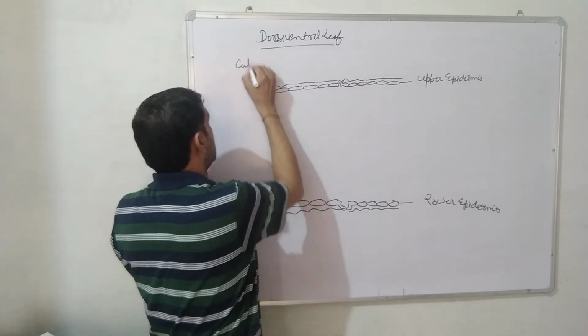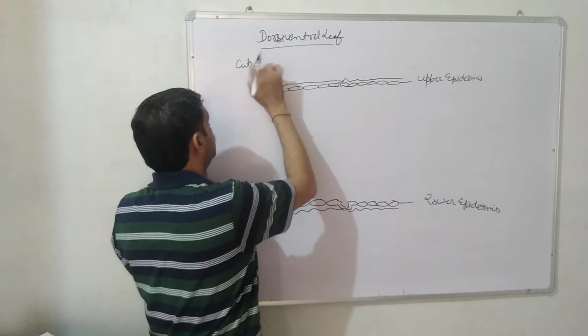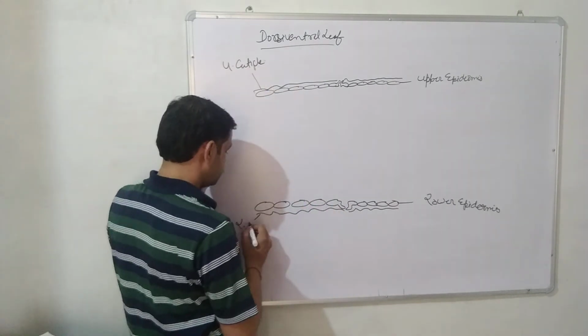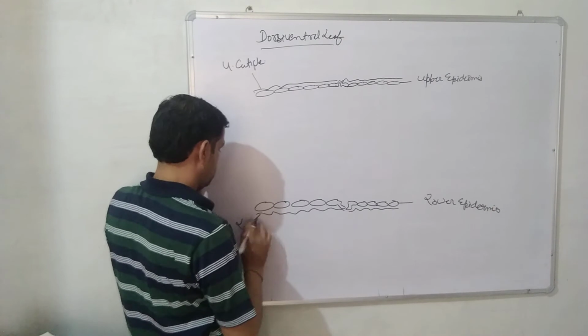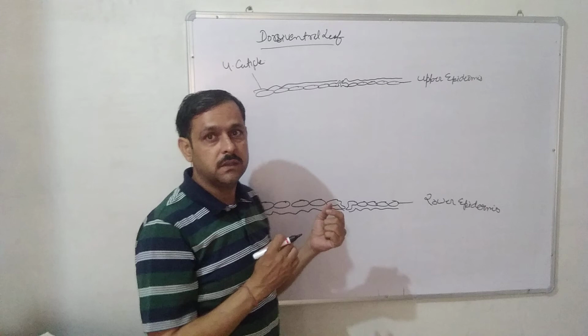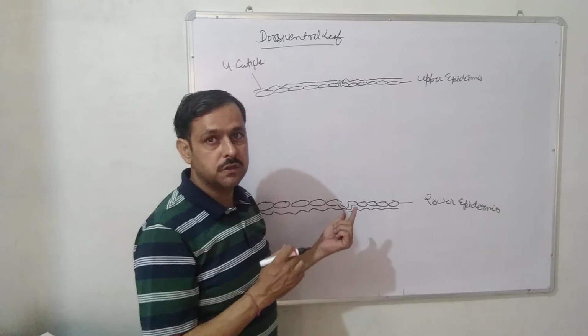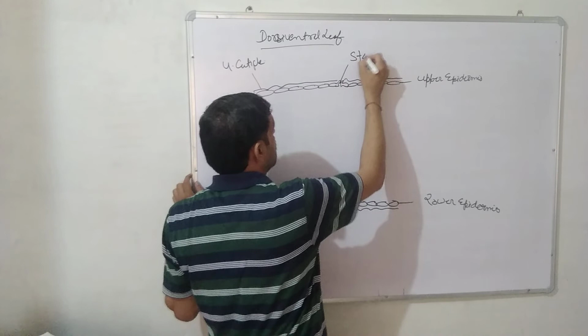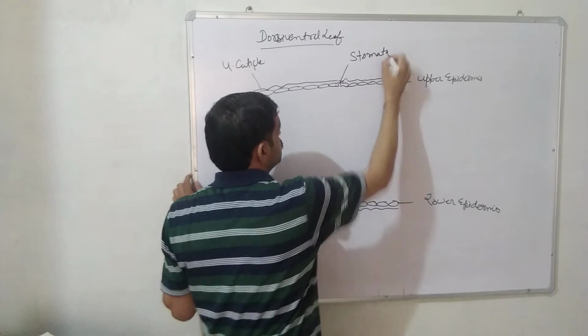The cuticle is also divided into two parts, upper cuticle and this is lower cuticle, and there is some gap between both these epidermis, and this gap is called stomata.